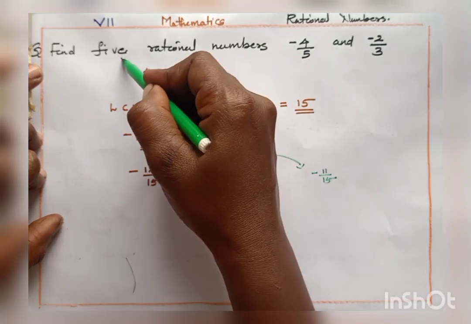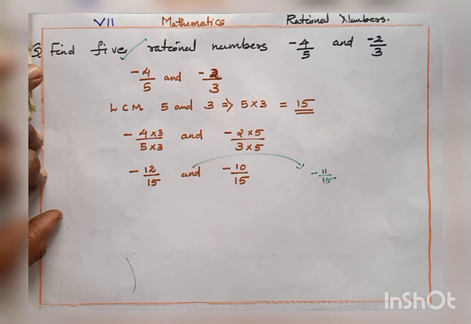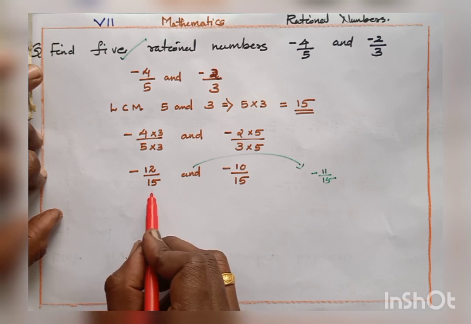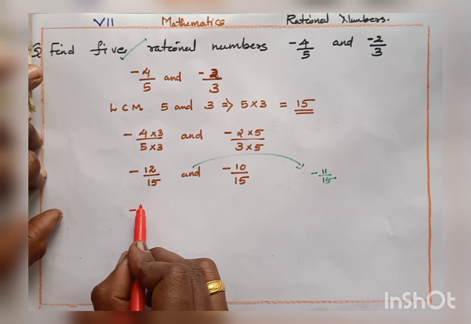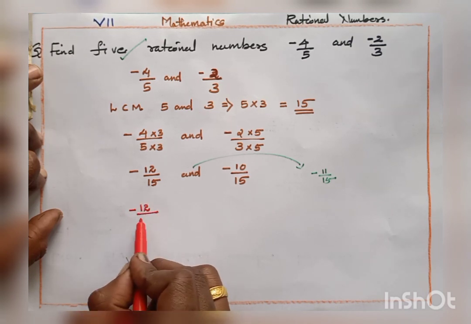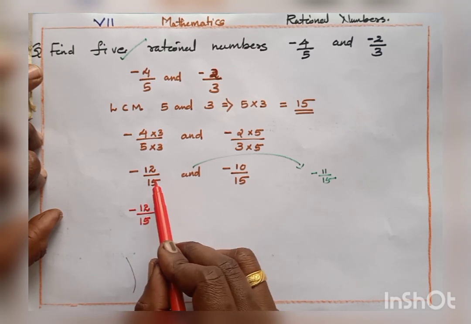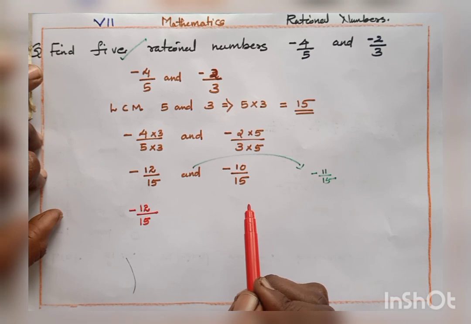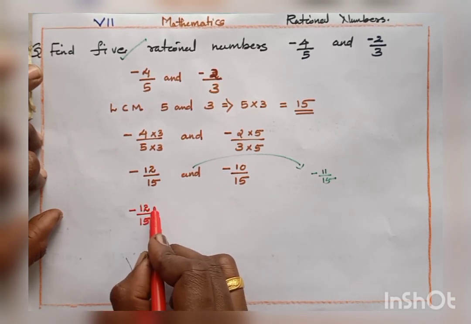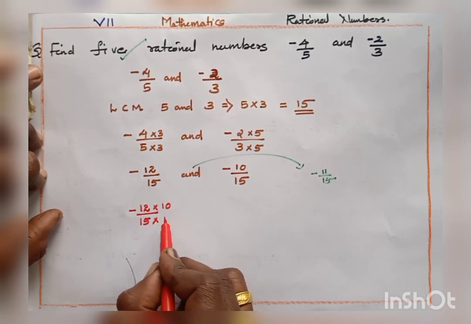Here we want to find 5 rational numbers. So we want to change these rational numbers into equivalent rational numbers. We want to multiply any number on both numerator and denominator. So here multiply by 10.